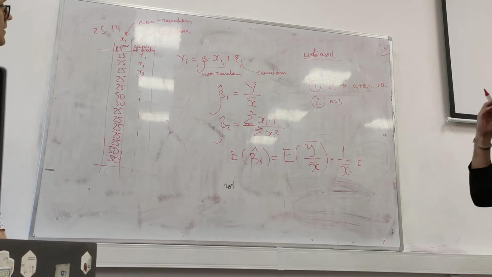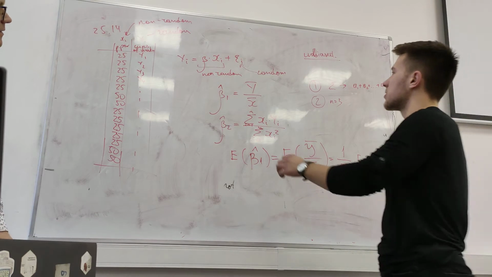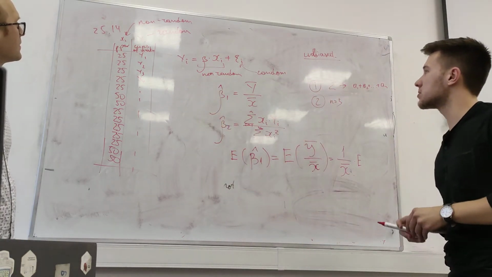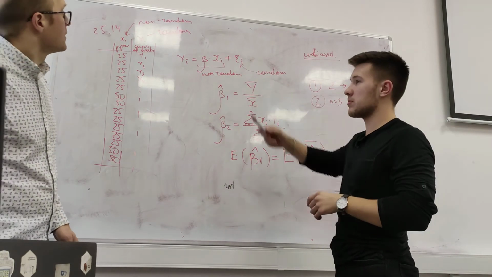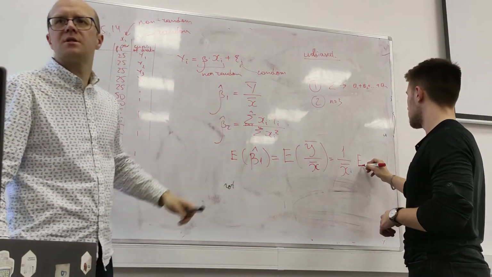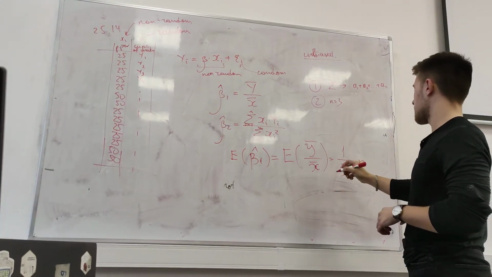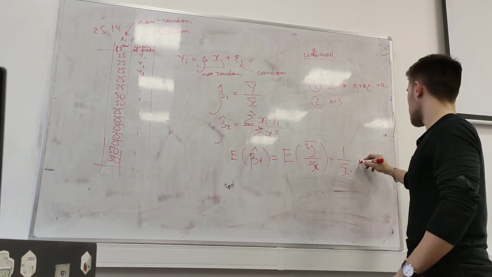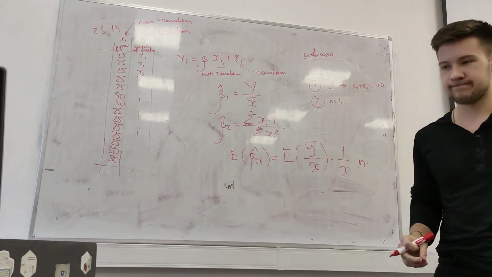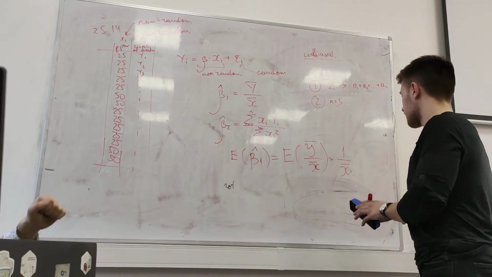Is it clear that y1, y2, y3 are independent? Yeah, because x are constants, and epsilon 1, epsilon 2, epsilon 3, and so on are independent. Let's better just plug in. So what is y bar?